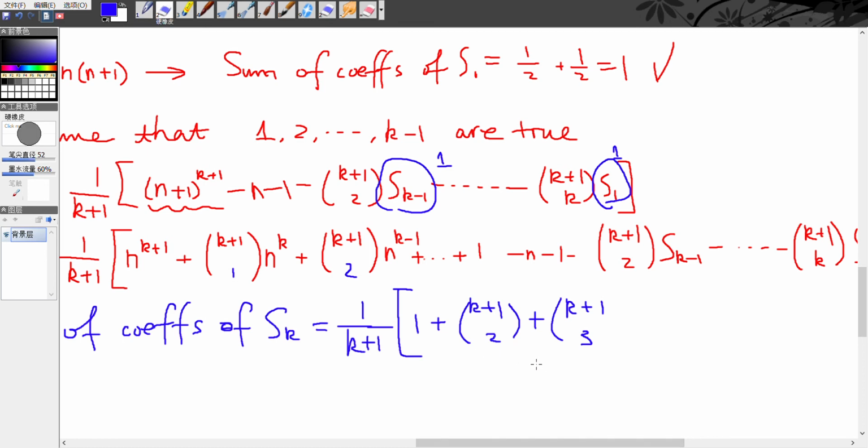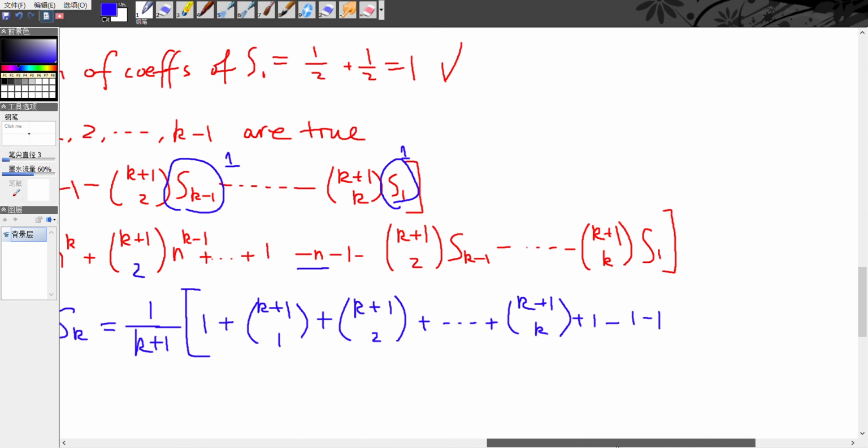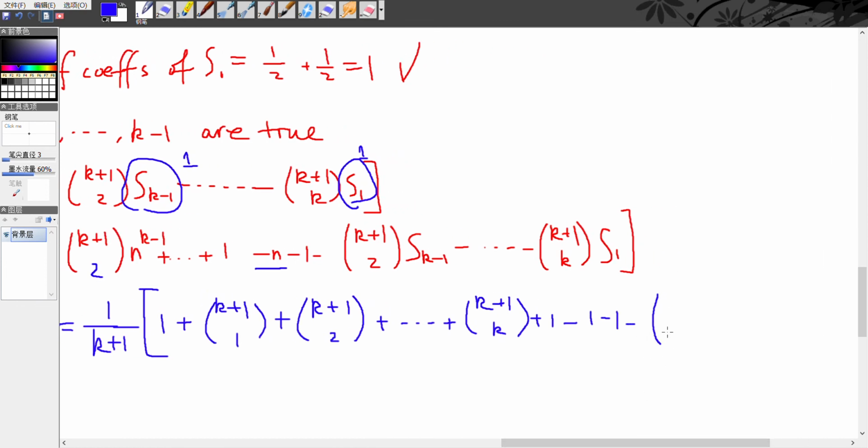So 1, 2, 3, all the way to (k plus 1 choose k plus 1), minus 1, the coefficient of this term is minus 1, minus (k plus 1 choose 2), all the way to minus (k plus 1 choose k).